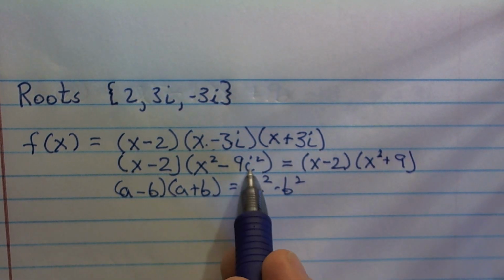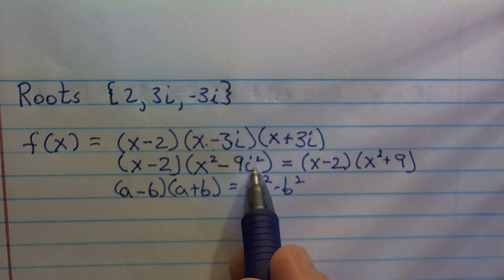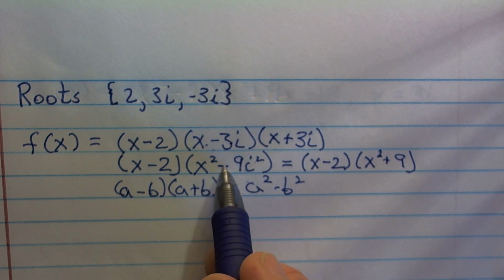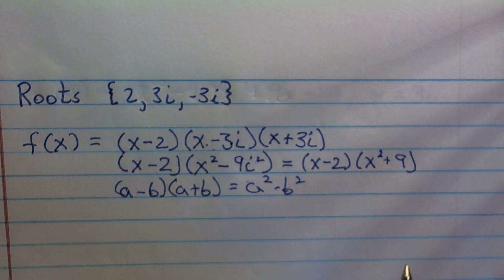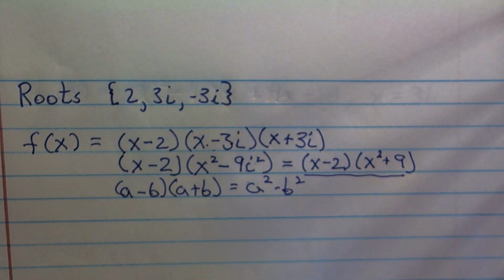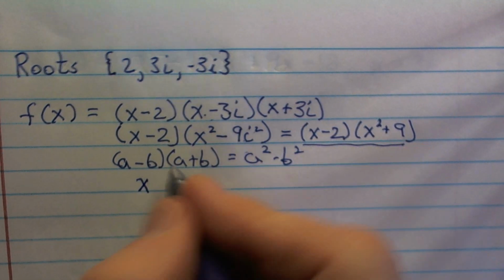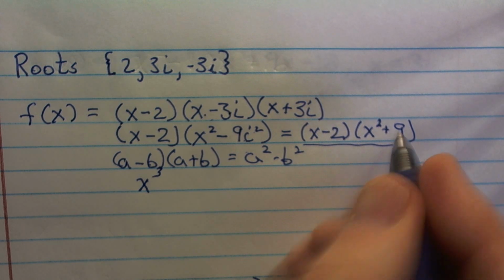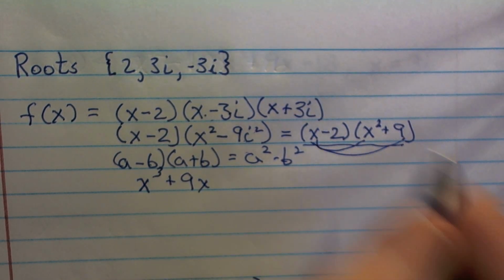Because dig this, I squared, anytime you see an i squared, you can replace that with a negative 1. So we've got x squared plus or minus a negative 9. So that makes a plus. And then I just multiply this out. So here I go. I've got x cubed plus 9x. So just distributing like this.